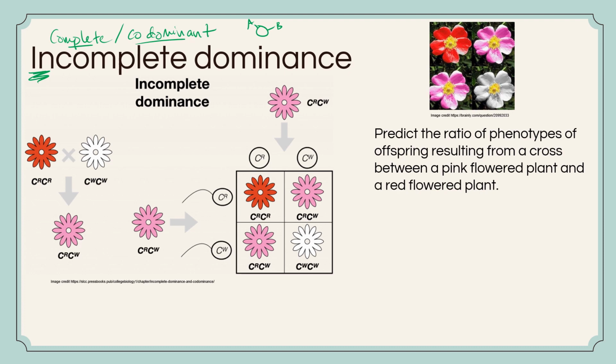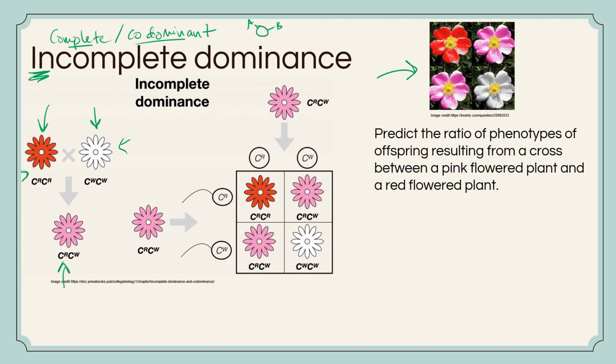This is shown in four o'clock flowers, these beautiful four o'clock flowers, in which we have reds and whites, but the combination of red and white isn't that red is dominant or white is dominant. Instead, you get a mashup of red and white, which is pink.